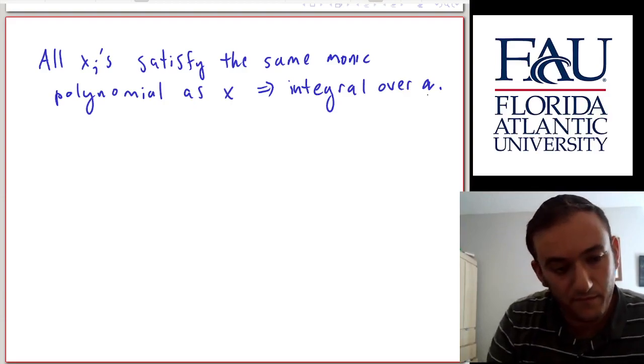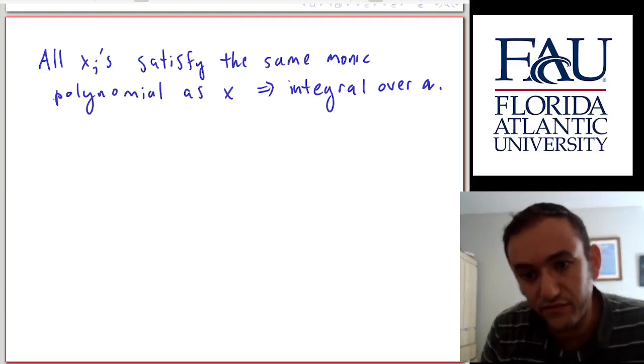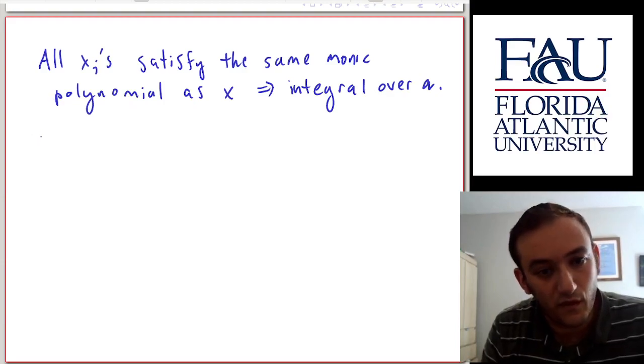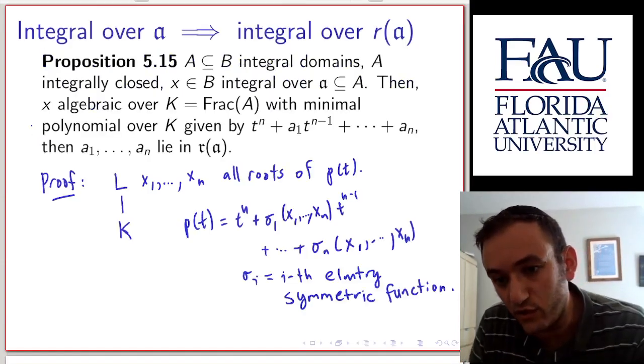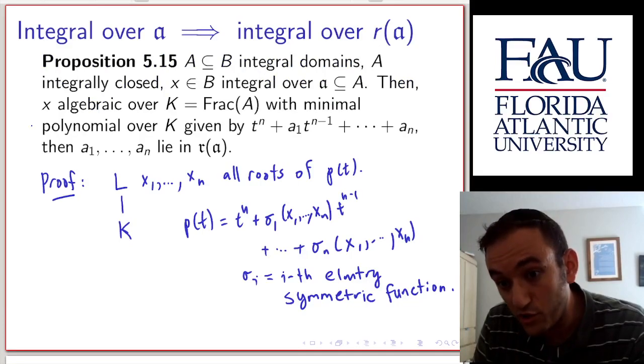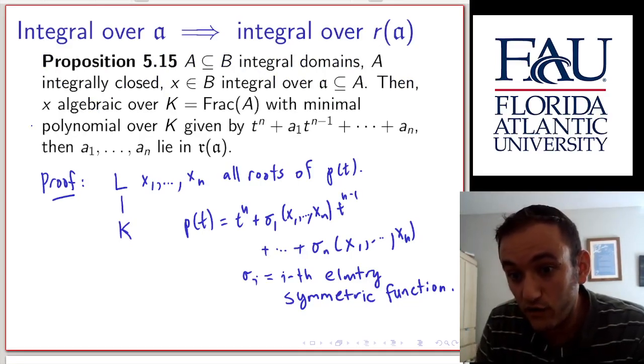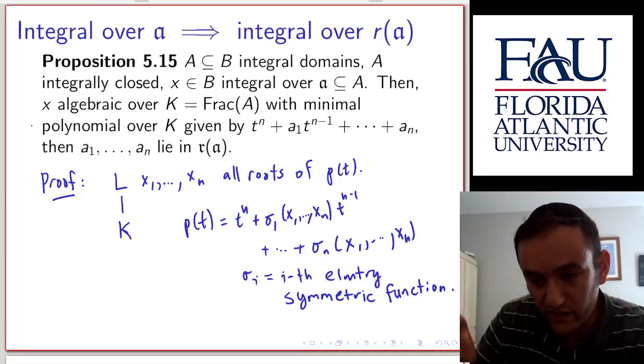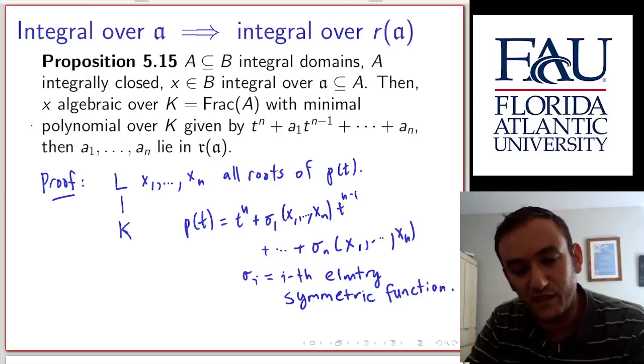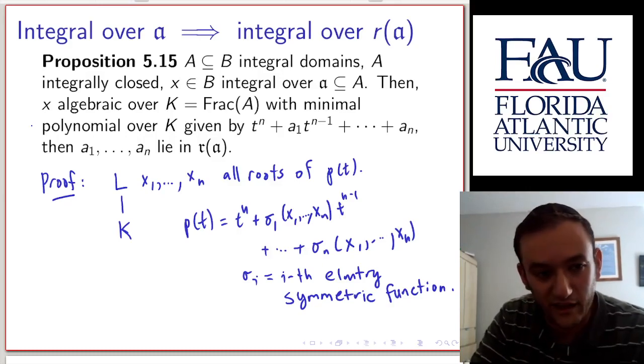Okay, well, once we have all of these elements being integral over the ideal, then the polynomials in those elements are also integral over the ideal by any of our equivalent conditions for elements being integral.